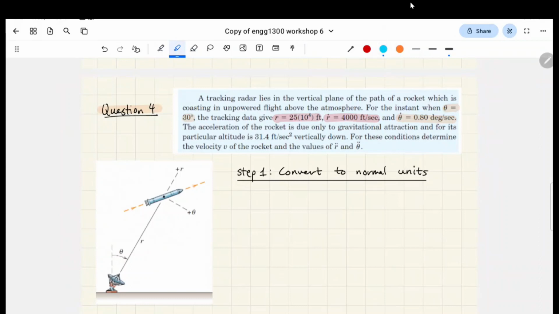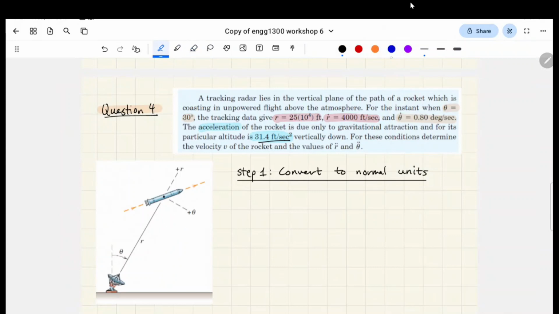The acceleration of the rocket is only due to gravity, at that particular altitude. Here we're really far off the ground, so you can't assume that gravity is 9.81 meters per second squared acting downwards. They just give it to you, but it's not going to be 9.81 when you translate it. It's given as this.